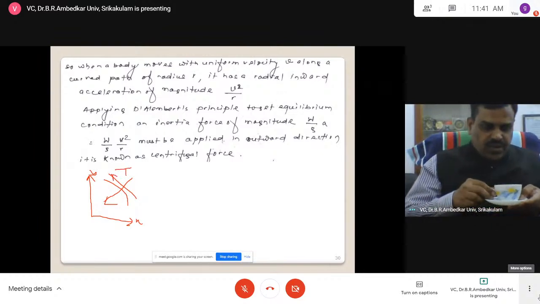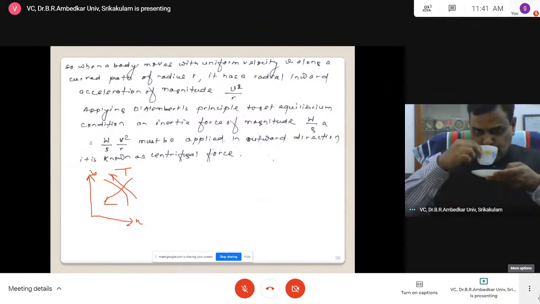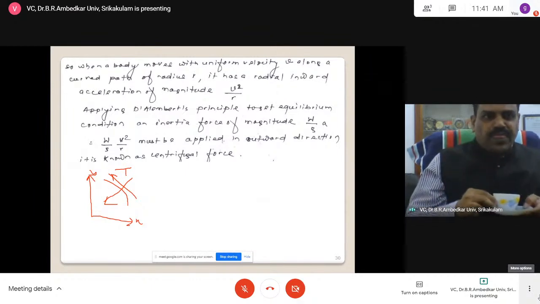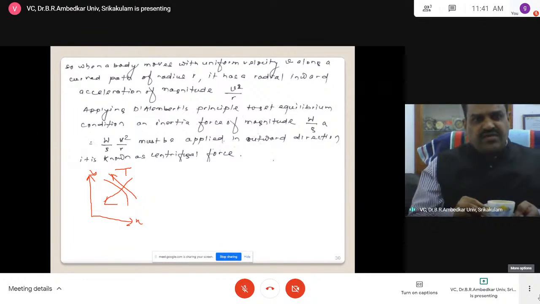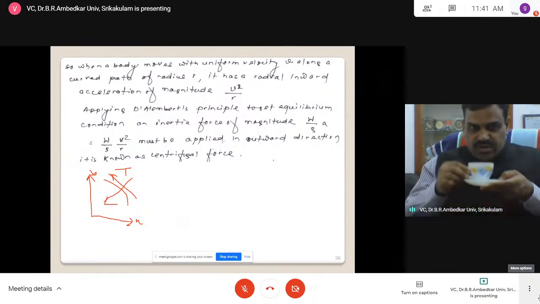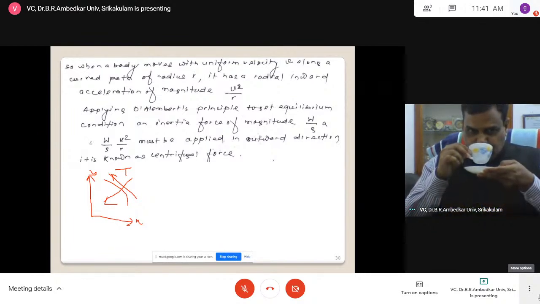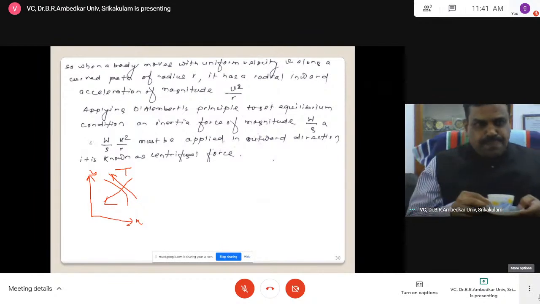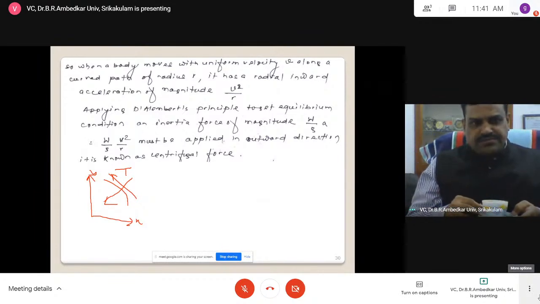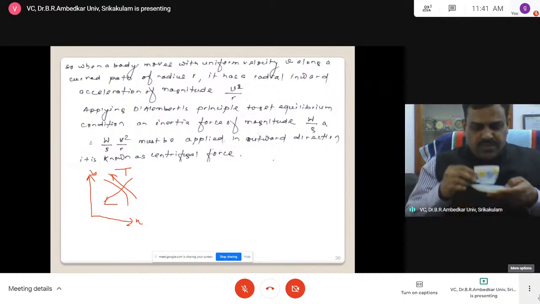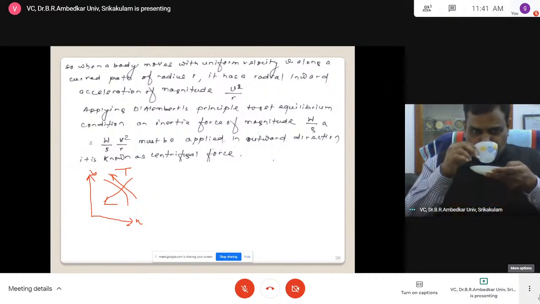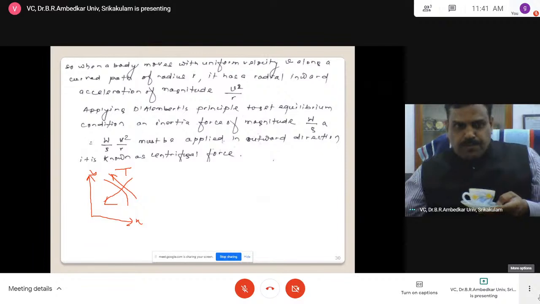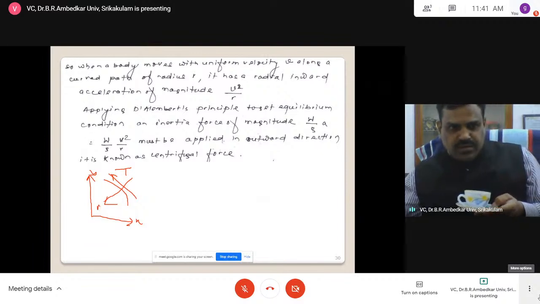We can represent x and y axes, or we can represent normal and tangential direction.